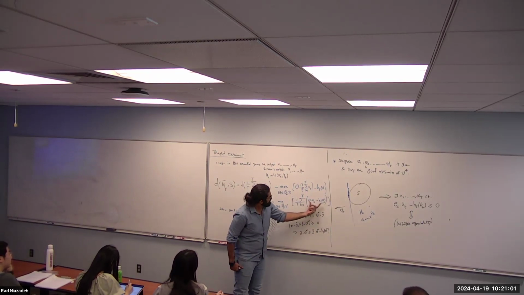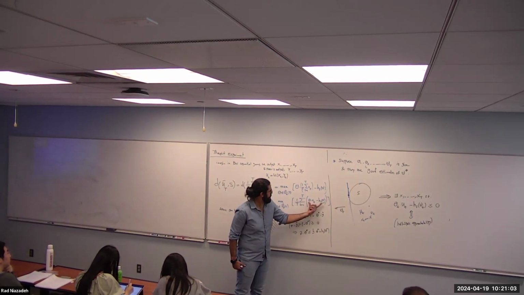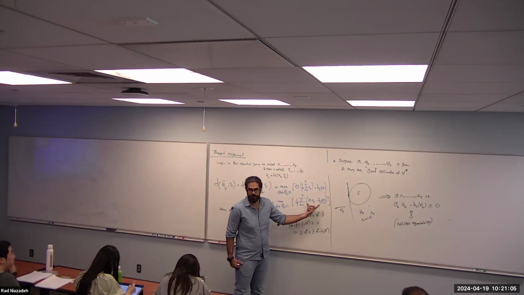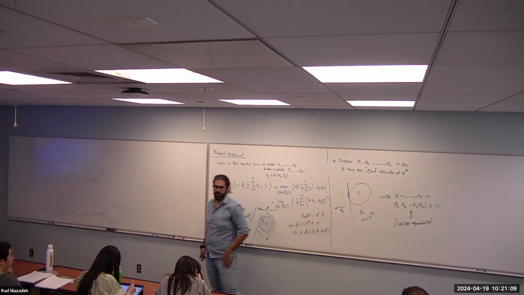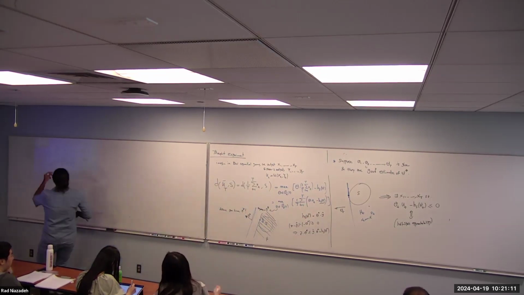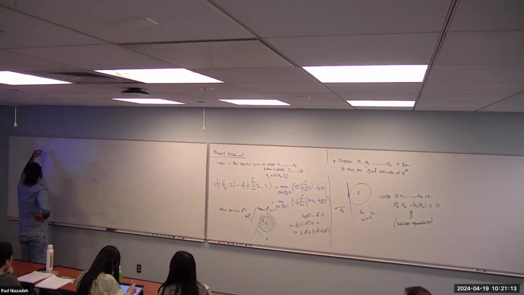Maybe it's not that simple. So theta star is going to be the maximizer of this quantity in the L2 ball. In other words, it's the minimizer of the negative of that quantity. Let me now define the following function.